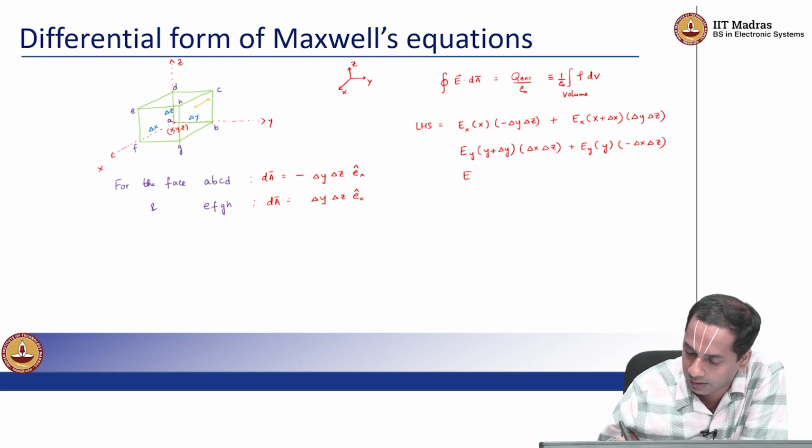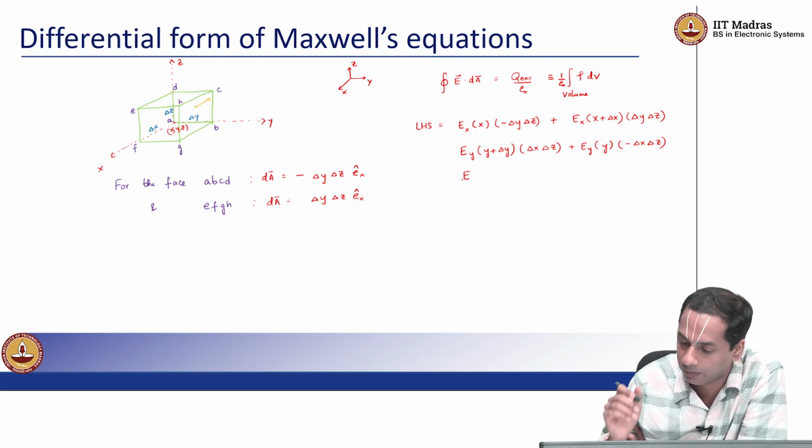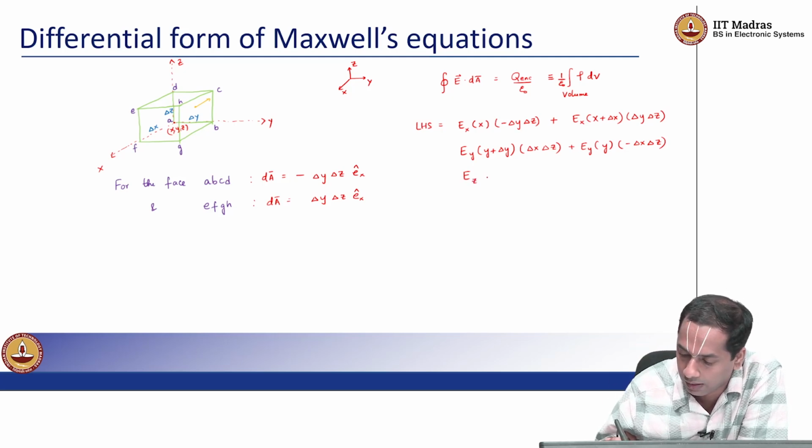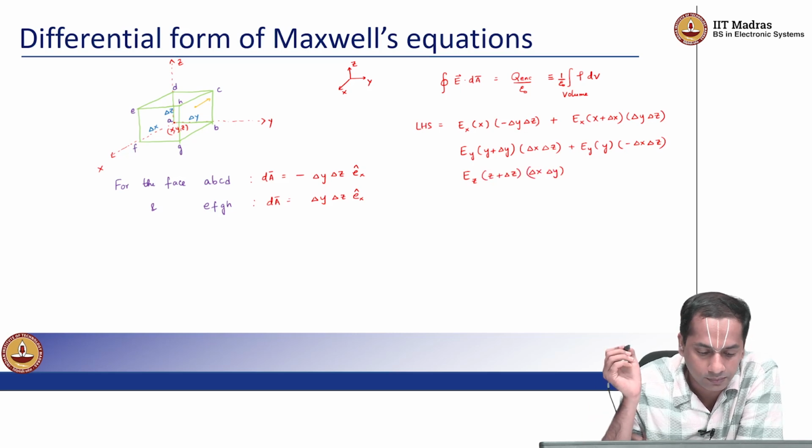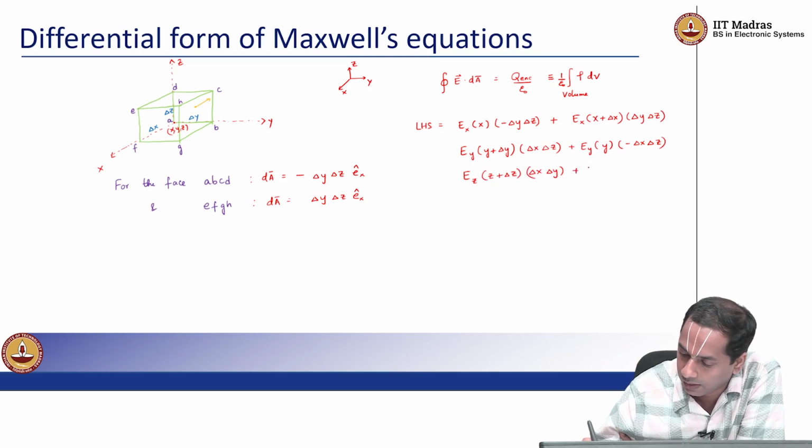And then finally for faces CDEH and ABGF, the top and bottom surfaces, we get Ez at z plus delta z times delta x delta y, plus minus Ez at z times delta x delta y.